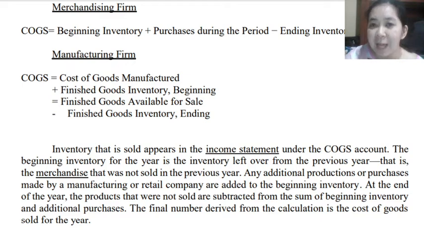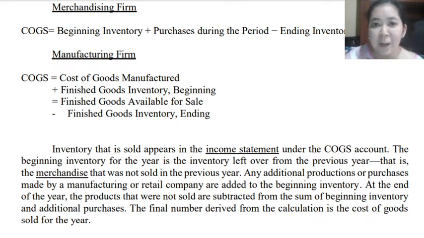And then we will also include those inventory which were already started but not yet finished, which we call work in process inventory. And then the third inventory is the finished goods inventory. So for a manufacturing firm, we will have a much longer formula in computing our cost of goods sold.